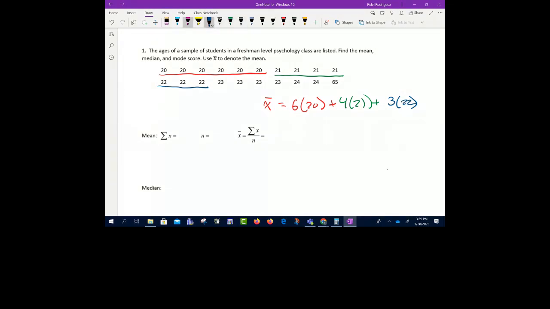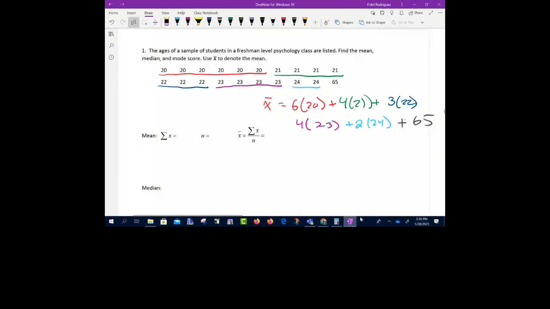Okay. Let's see, y'all. How many 23s did we have? 4 23s. And then it looks like we had 2 24s? And after that, y'all, didn't we have a 65?